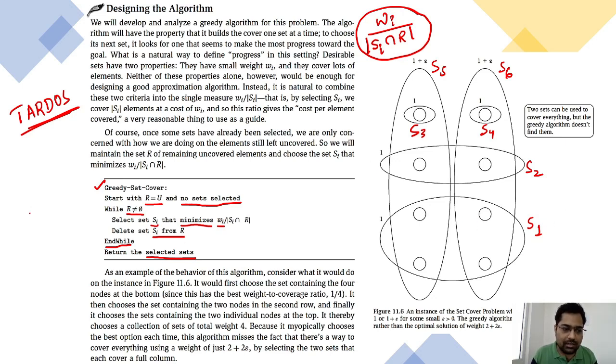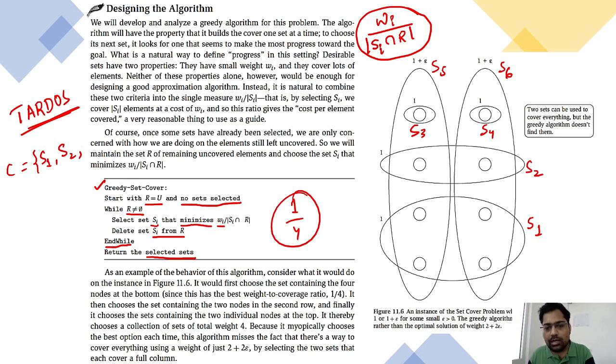The set cover here, suppose C is the set cover, gets S1 first, because the set with more elements is picked first and the weight assigned to each element will be less. S2, no doubt, I think you understand why: because 1 by 4, so each element definitely costs 0.5.